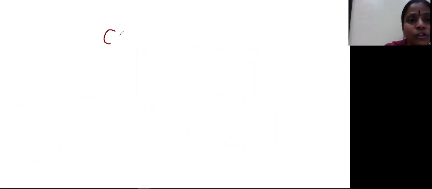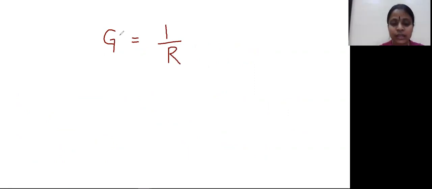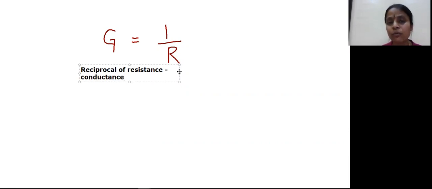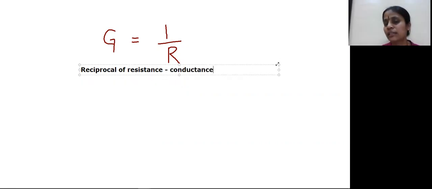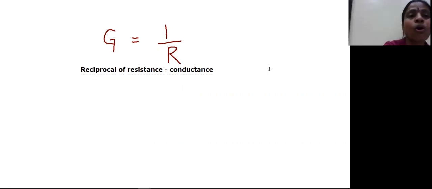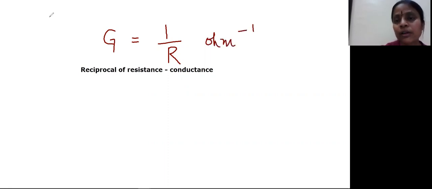That is going to be denoted by G. G is going to be 1 by R. Now what is this G? G is the reciprocal of resistance, which is called the conductance. So what is going to be the SI unit? The SI unit is going to be mho. Otherwise it is simply ohm inverse, isn't it? This is going to be ohm inverse, otherwise called mho.